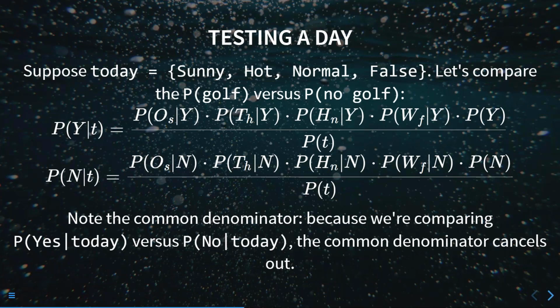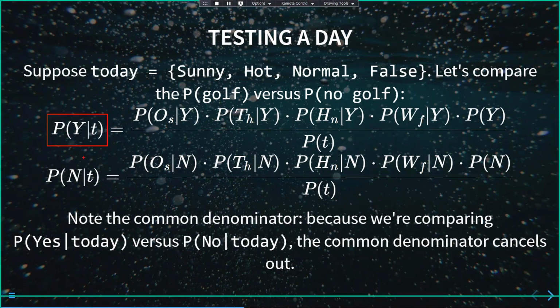So what we're going to do is predict, will the boss go golfing? Yes or no? And we're going to calculate all of the possible classes. And by classes, what I mean are yes and no. So we have a 2-class problem. Yes, you're going to go golfing. No, you're not going to go golfing. And I need to calculate those independently.